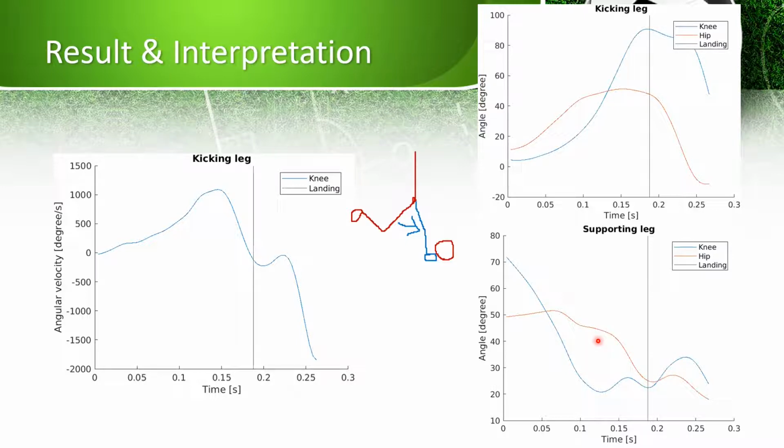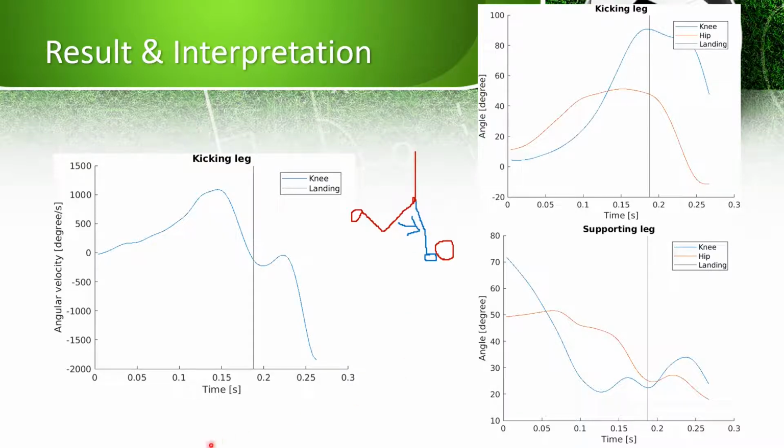And for clear visualization, I flip the sign of the hip angle, which means that now the positive angle means that the thigh is located in front of the body with respect to the body line here.